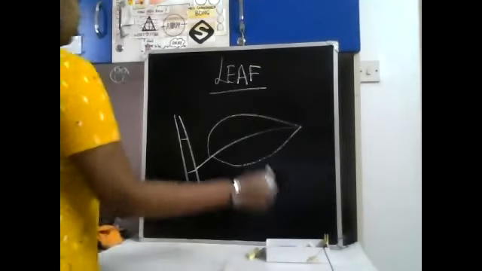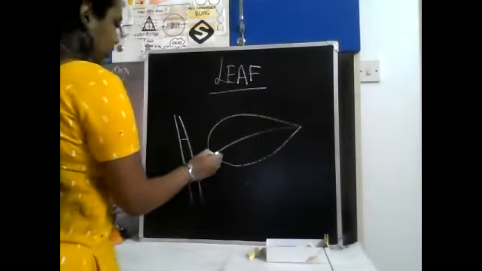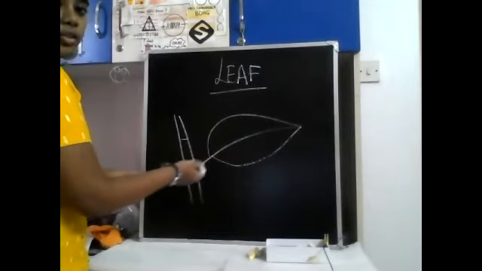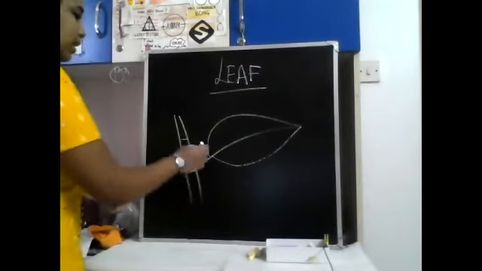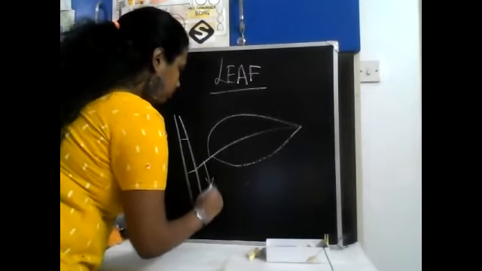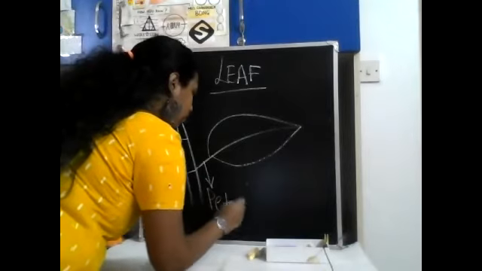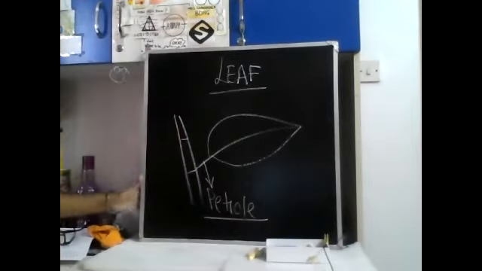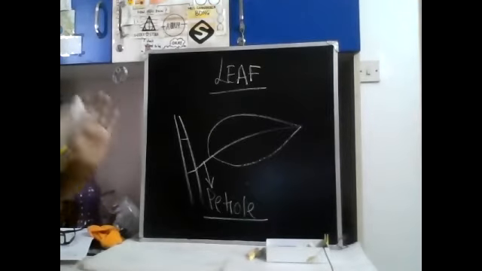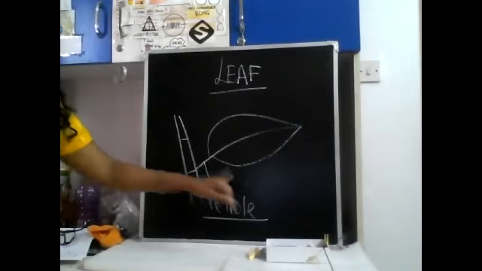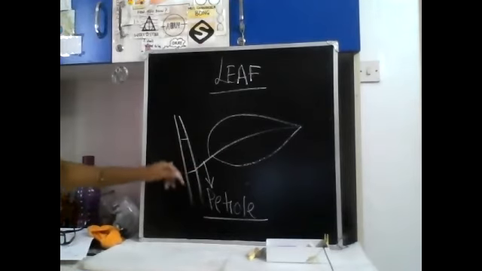Starting with the stalk that supports the leaf and attaches it to the stem, this is called the petiole. Don't get confused later. There will be peduncle, there will be pedicel. Petiole is the stalk of a leaf which connects it to the stem.